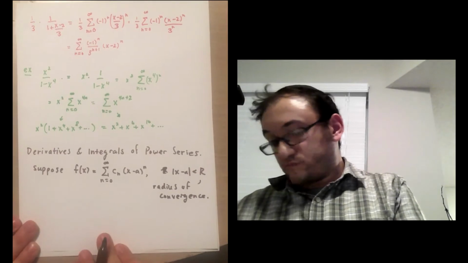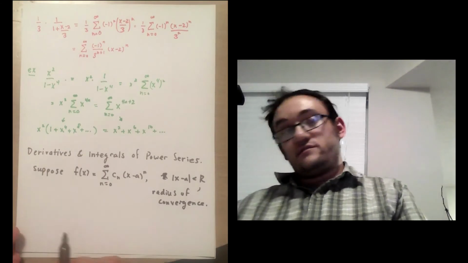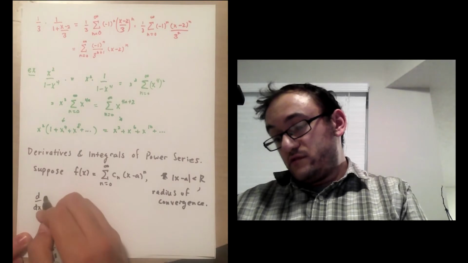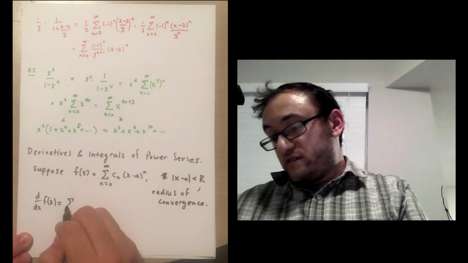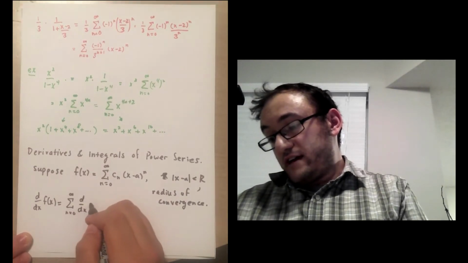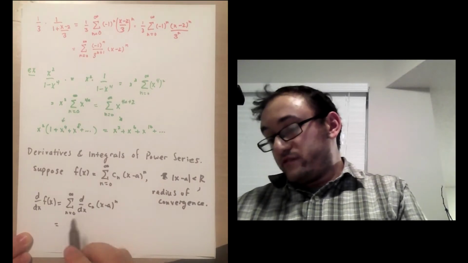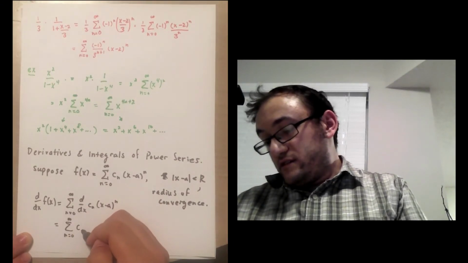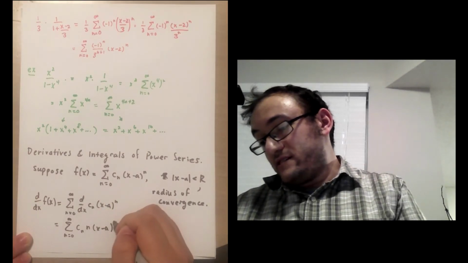Okay. So we can take a derivative of this power series as follows. So derivative of f of x is just the sum of the derivatives. So we'll take sum n equals 0 to infinity d dx c sub n x minus a to the n. Applying that derivative term by term, we get n equals 0 to infinity c sub n times n x minus a to the n minus 1.